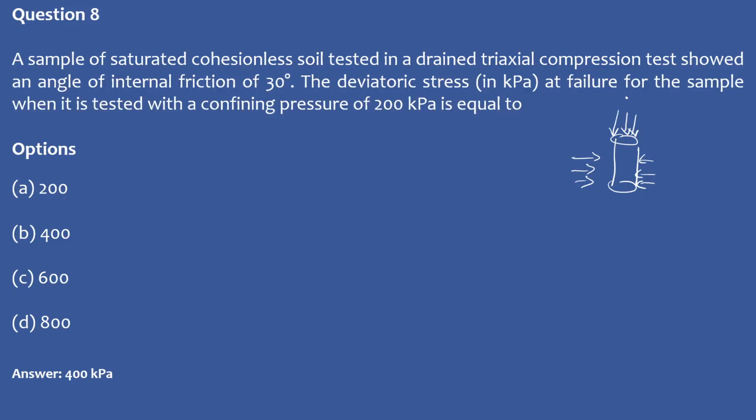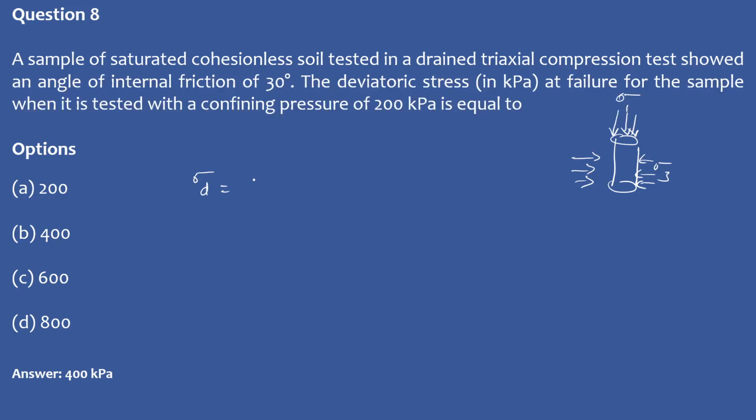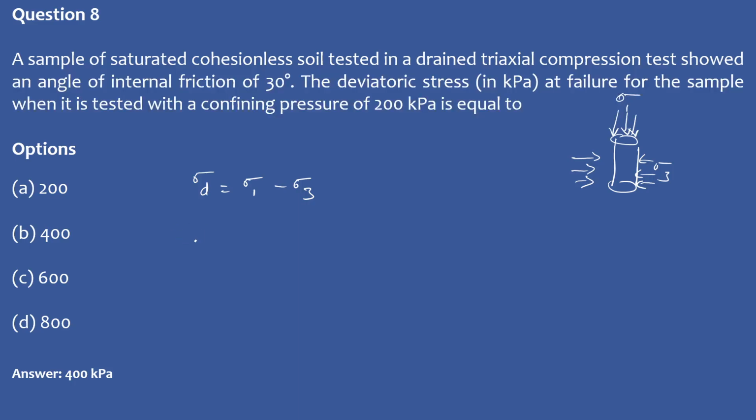That sigma, which is also known as the principal stresses. So you have sigma 1, and here you have sigma 3. Your deviatoric stress is basically the difference of sigma 1 and sigma 3, and that is the net stress acting on your soil sample.